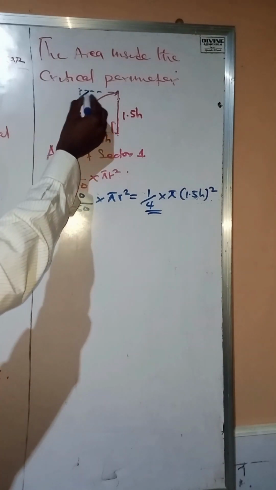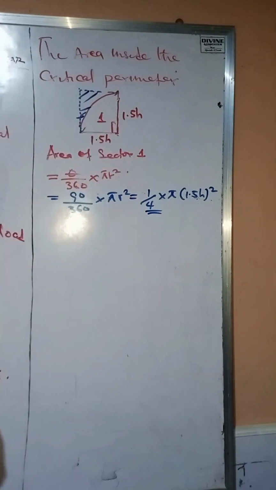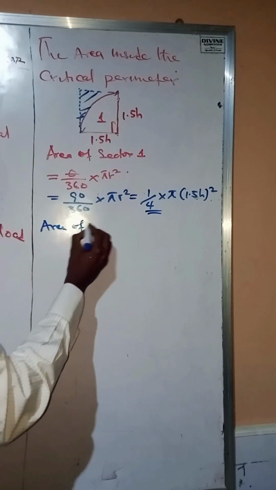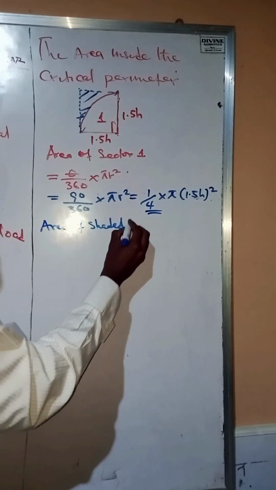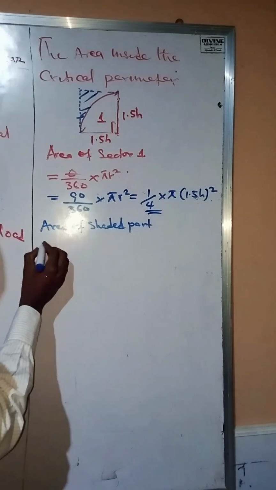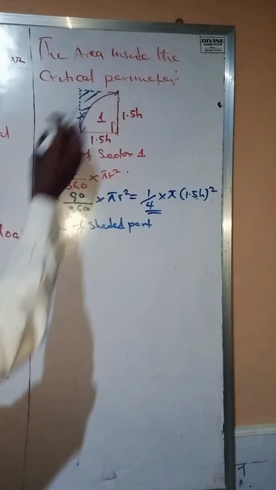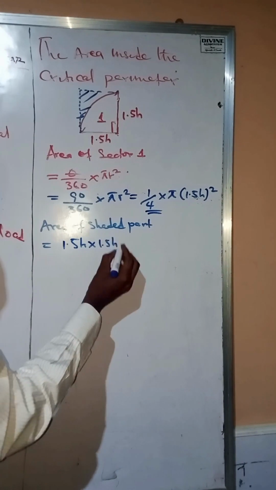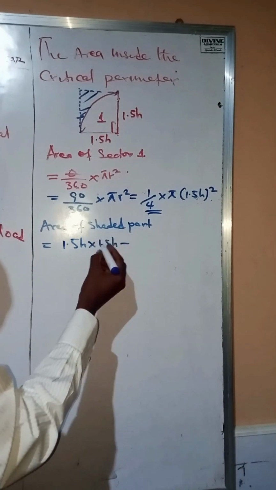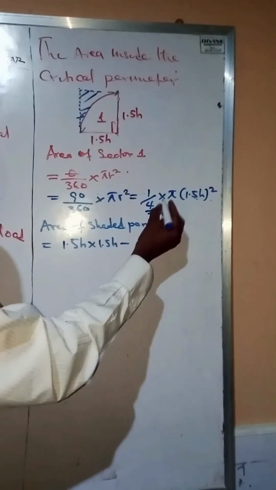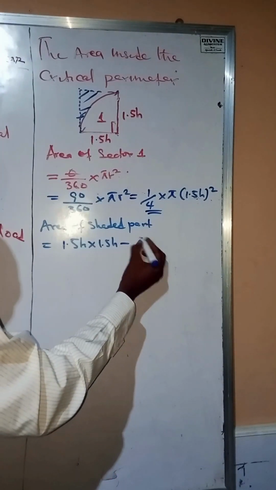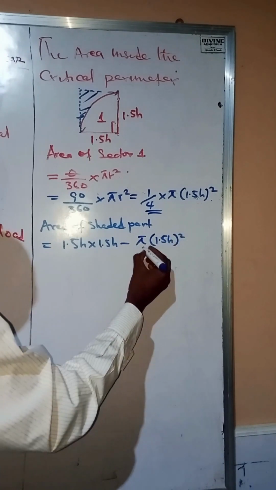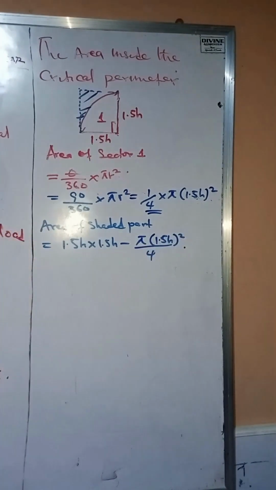Of course, we can get the area of this shaded part by saying area of shaded part becomes the total area of this small square, which is 1.5h times 1.5h, minus the area of the sector, which we've just gotten to be pi times 1.5h squared over 4.